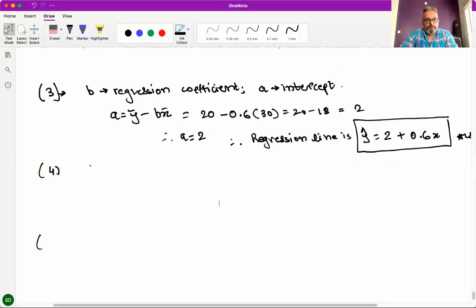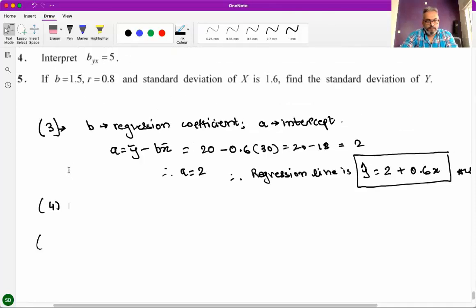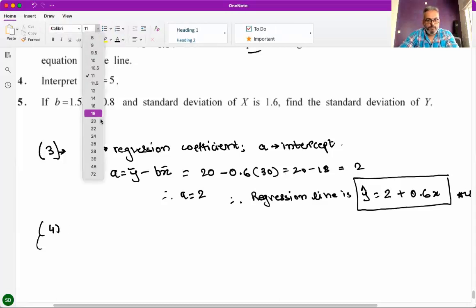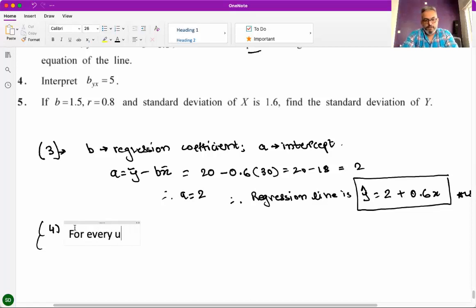So over here, we write: for every unit increase in x, y increases by 5 units.